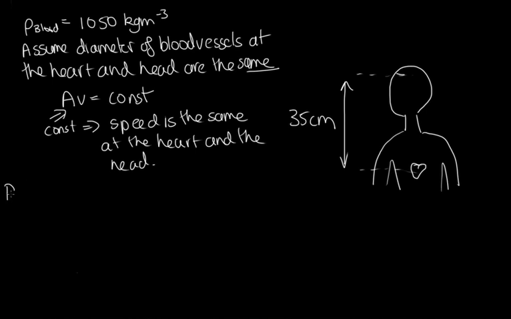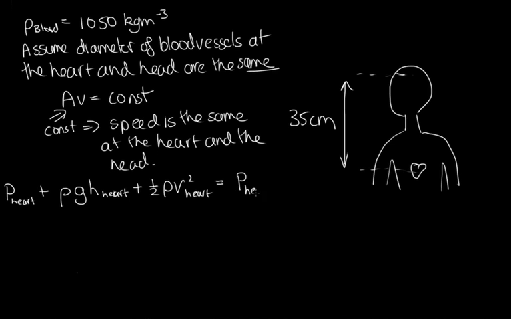We've got that the pressure at the heart plus the density times g times the height of the heart plus a half rho times the velocity at the heart squared is equal to the same thing at the head.